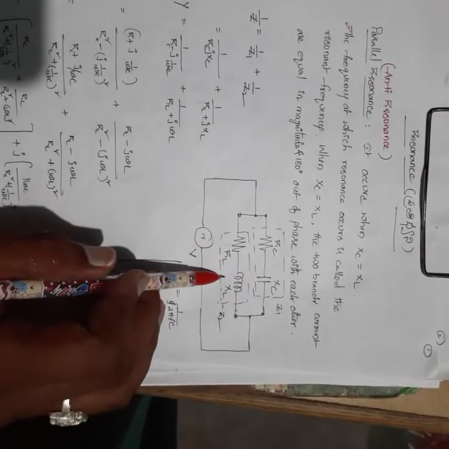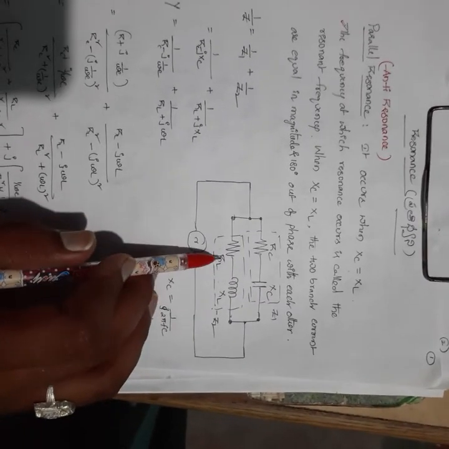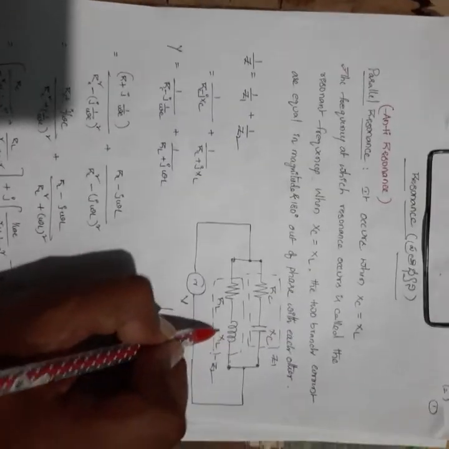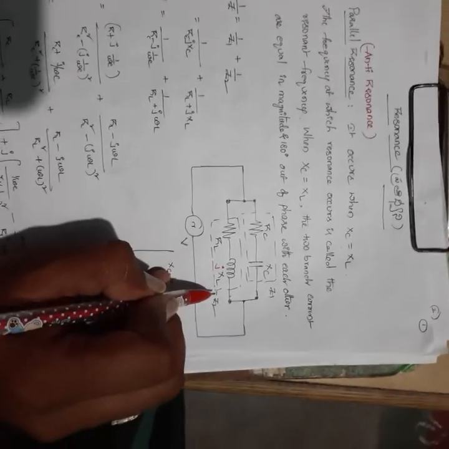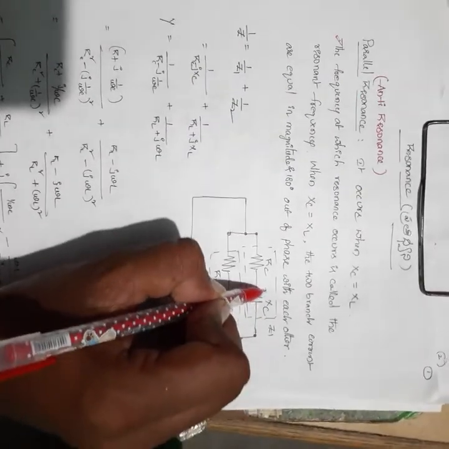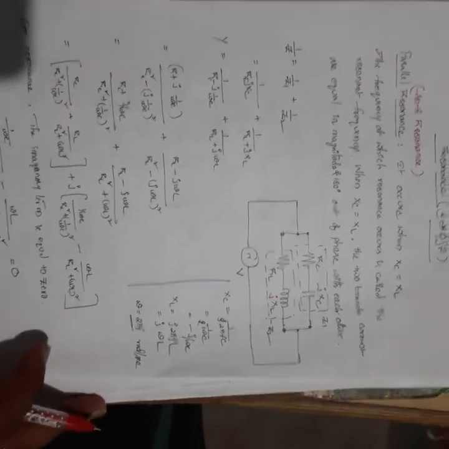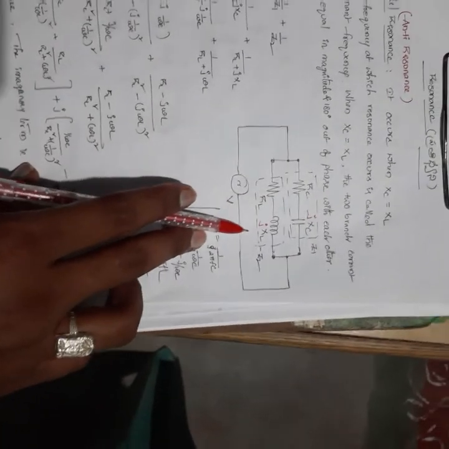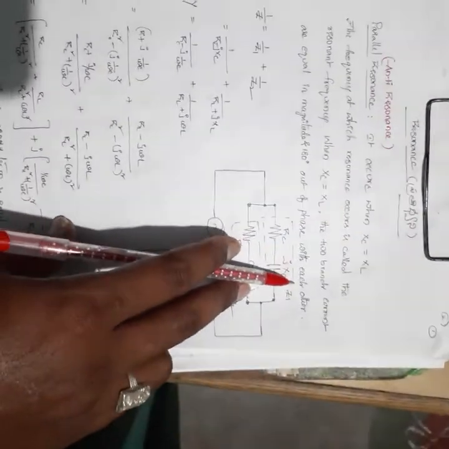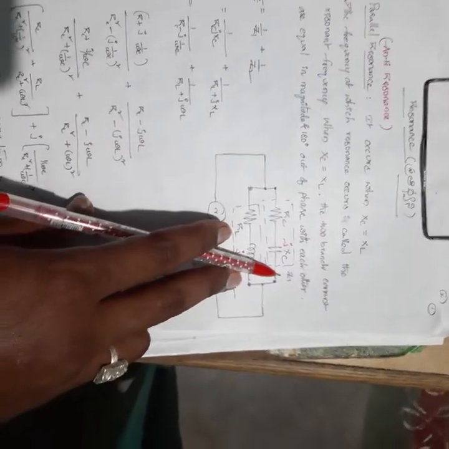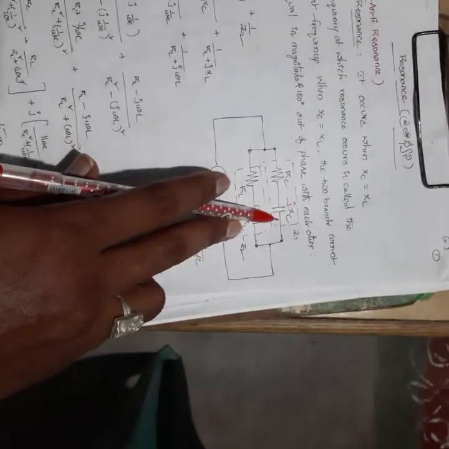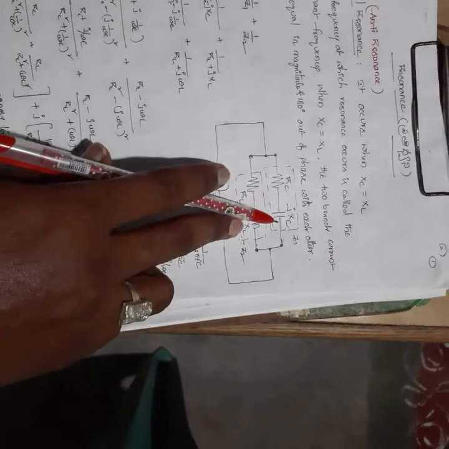The impedance of the inductor branch is RL plus jXL, and the capacitive branch impedance is RC minus jXC, where Xc and XL are the reactances of the capacitor and inductor. So Z1 is RC minus jXC and Z2 is RL plus jXL, with both elements in series in each branch.